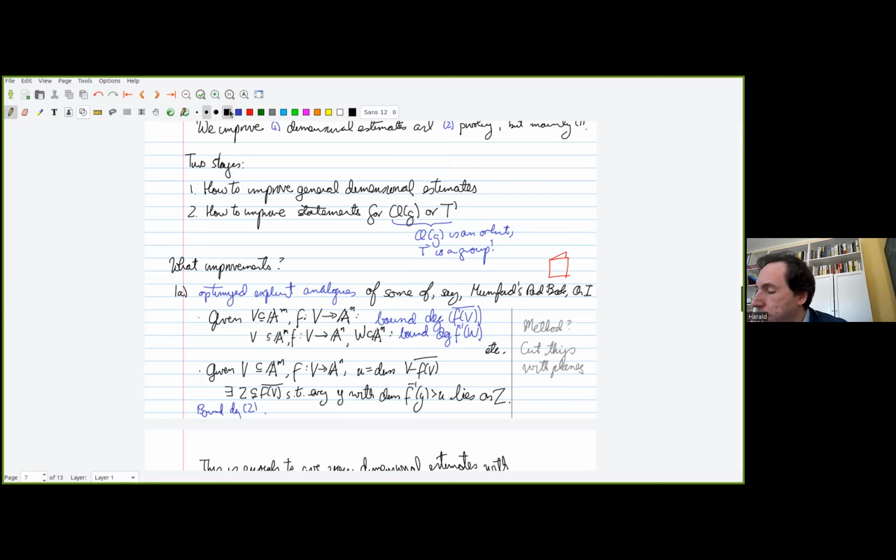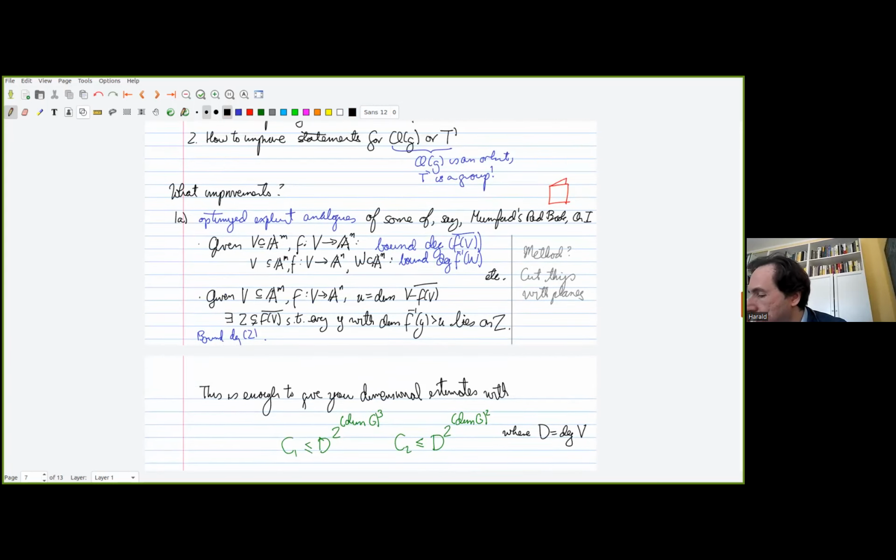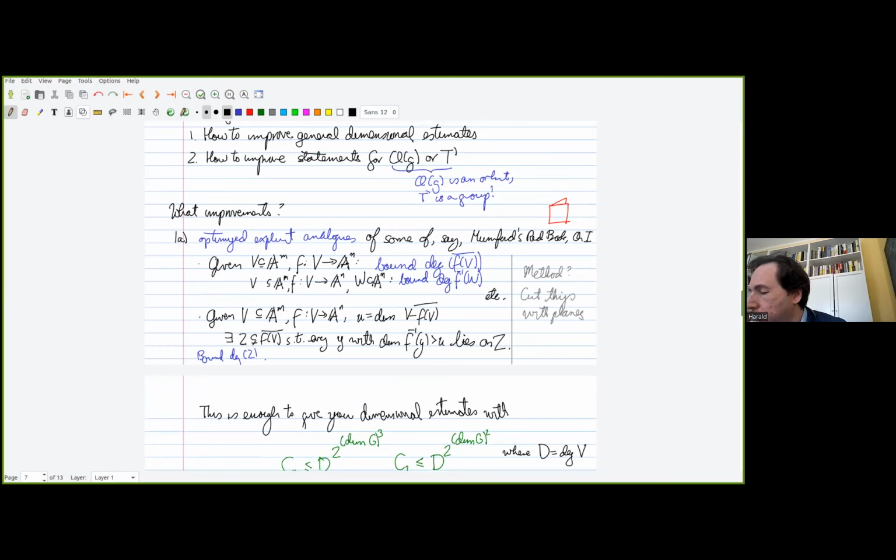And then you have that, for instance, if you have a variety and you have a morphism, then you want to be able to bound the degree of the image well. Or the degree of the inverse image, right? Basic things like that, but also the following thing, which is due to Chevalley, I'm pretty sure.